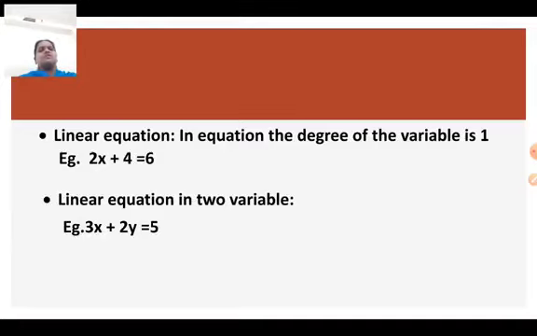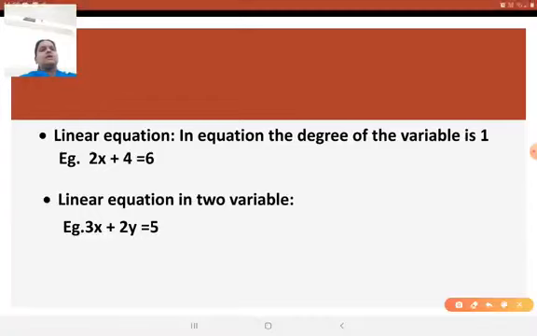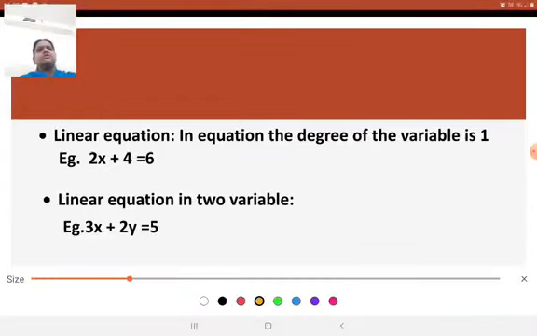That means in an equation, if there is only one variable, we have to check the power of that variable. Now can you see the example over here, 2x plus 4 is equal to 6. x is a variable. What is the power? Nothing is given, that means it is 1. Correct? So therefore we can say it is a linear equation.